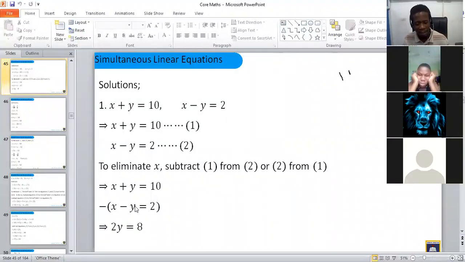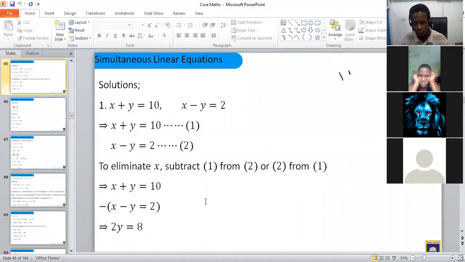And y minus negative y is positive 2y. Y minus y becomes y plus y, so that will give us 2y. Then these like terms also, 10 minus 2. So 10 minus 2 will give us 8.